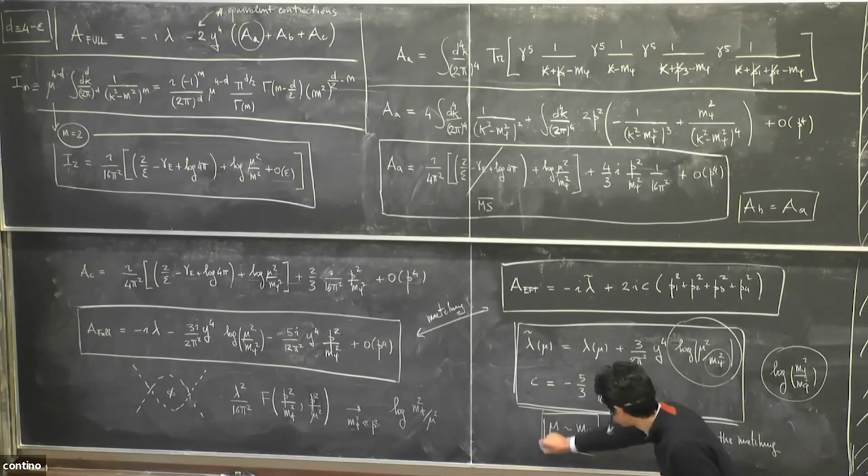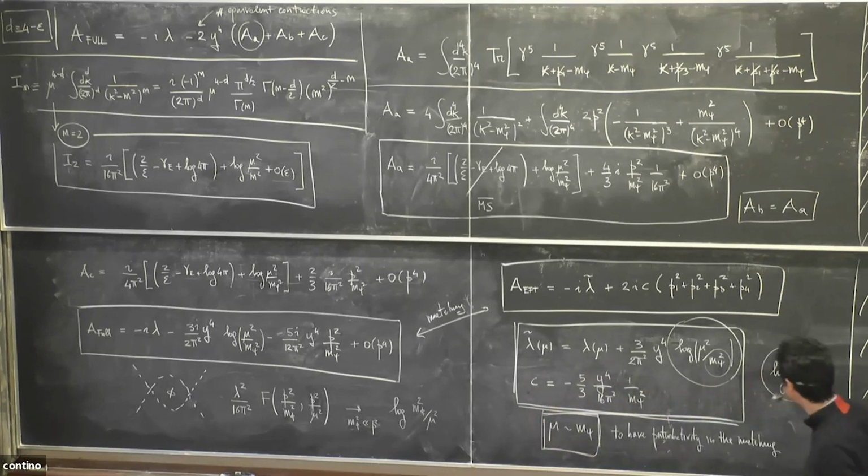Okay. Now, however, as we are going to see, if you go at two loops, then logs of m psi over m phi will appear. And these are even more problematic because at this point you cannot dial. I mean, these are values of masses that you are given. So this cannot be made small. I mean, this ratio cannot be of order 1 certainly, because otherwise you cannot build any effective theory at all.